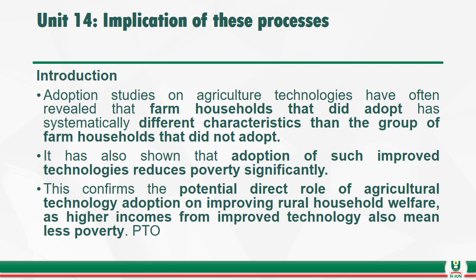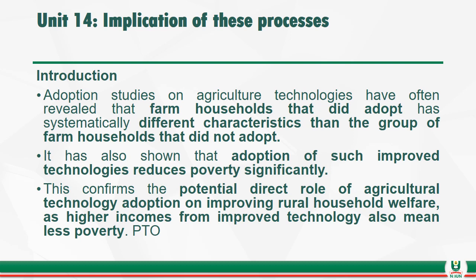Ladies and gentlemen, the introduction says that adoption studies on agricultural technologies have often revealed that farm households that did adopt have systematically different characteristics than the group of farm households that did not adopt. It has also shown that adoption of such improved technology reduces poverty significantly.